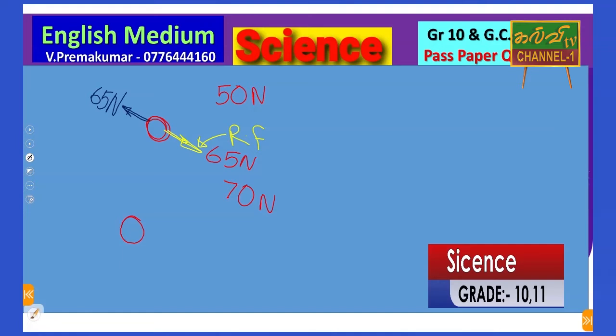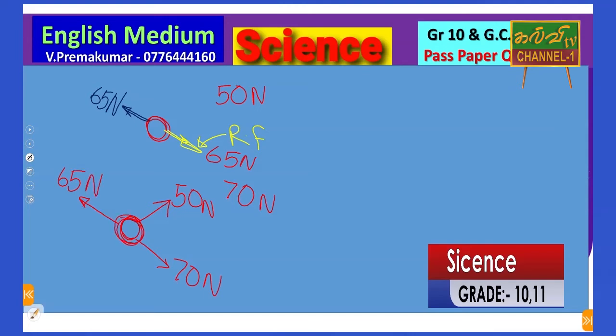Now the ring is here. There are two forces, 50 Newton and 70 Newton, and we have found here 65 Newton. There are three forces applied on this ring.